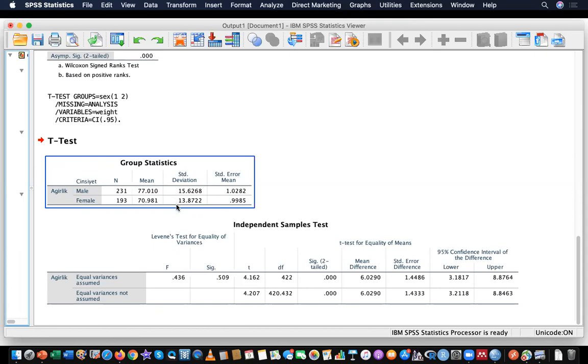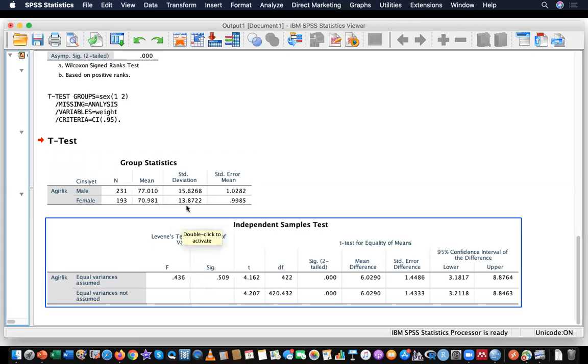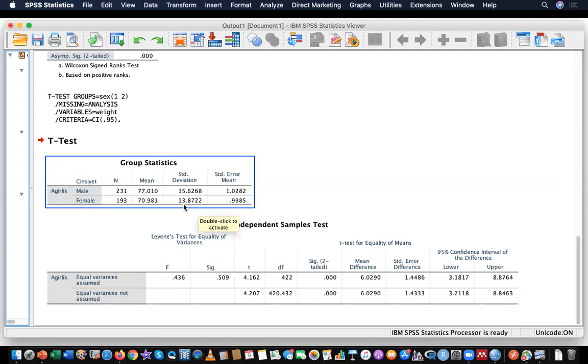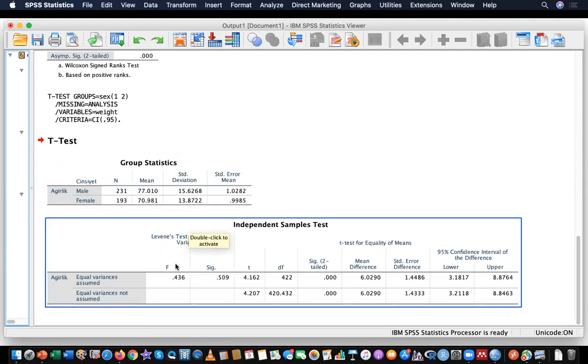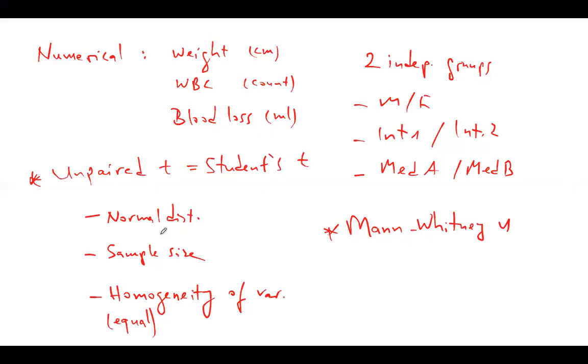Is there a significant difference? No, thank you, Banu. There is no significant difference between 15 and 13, because the Levene's test p-value, which shows the equality of variances, is larger than 0.05. Is it good? Yes, it is good, because this was one rule, one assumption.